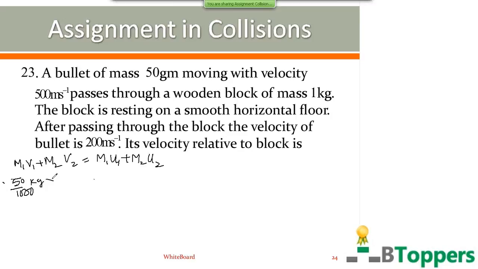And after the collision, the bullet comes out of the block with a velocity of 200 meters per second. So v1 is the velocity of m1 just after collision, that means the velocity of the bullet after collision, that is 200 meters per second. m2 is the mass of the block, that is 1 kg. v2 is the velocity of the block just after collision, which you have to first calculate. m1 is 50 grams or 50 by 1000 kg. u1 is the initial velocity of the bullet before collision, which is given to be 500 meters per second.